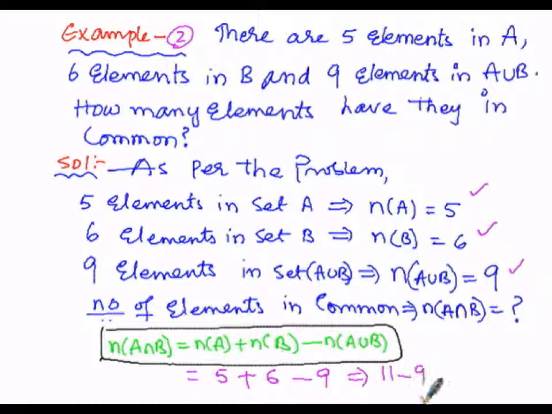To subtract, greater minus least: 11 minus 9 is 2, and since 11 is greater than 9, the sign is positive. Therefore, the number of elements common to both sets A and B is 2.